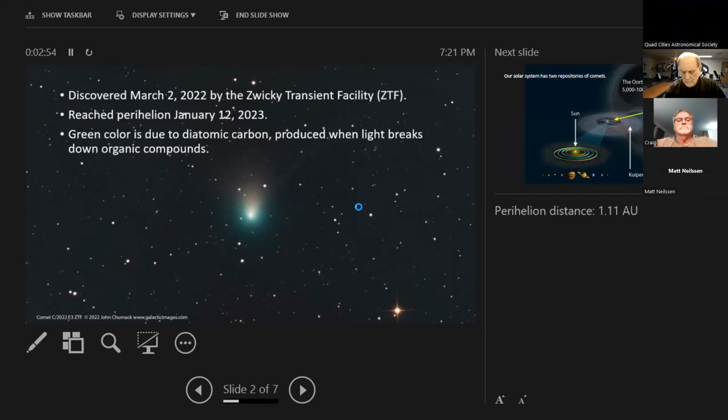And this diatomic carbon itself breaks down after just a couple of days, which is why you'll only see that green color in the head of the comet and not in the tail, when and if the tail becomes prominent.